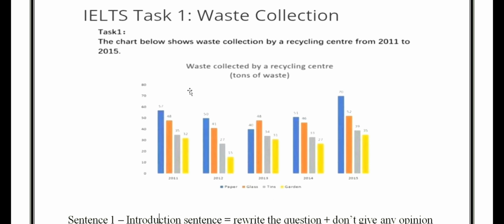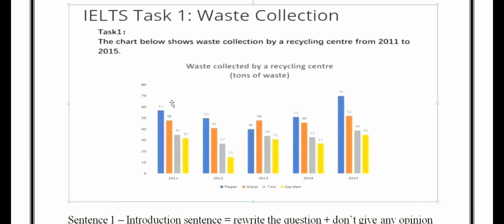The chart is showing the waste collection by a recycling center from 2011 to 2015. Study the picture properly, take a screenshot, understand every figure in a clear manner, and then we will see how we have to write the clear 4 paragraphs.